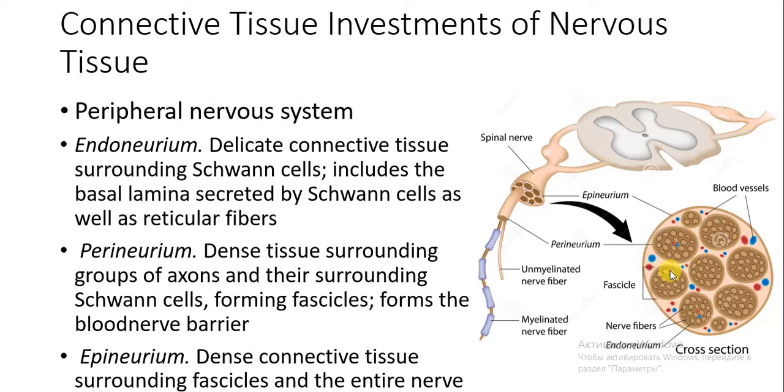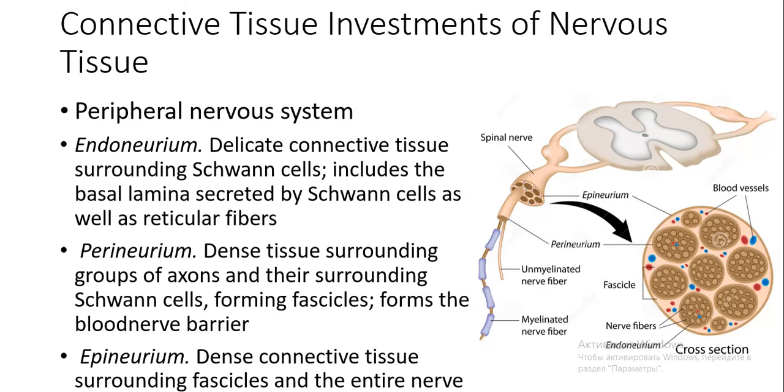We have perineurium, which divides the inside of the nerve into fascicles. It's analogous to perimysium: it divides the entire muscle into fascicles, and here it divides the entire nerve into fascicles. Blood supply goes only between this perineurium, which is surrounded by epineurium, which surrounds the entire nerve.